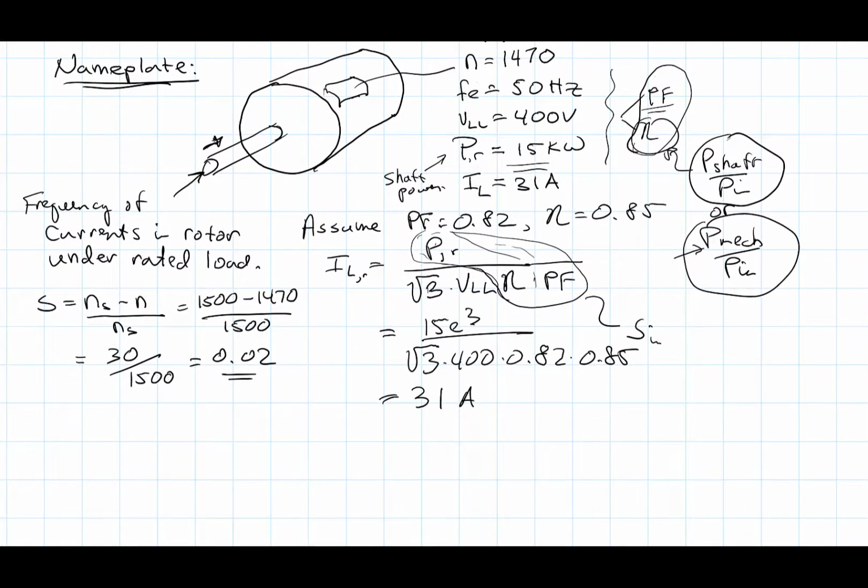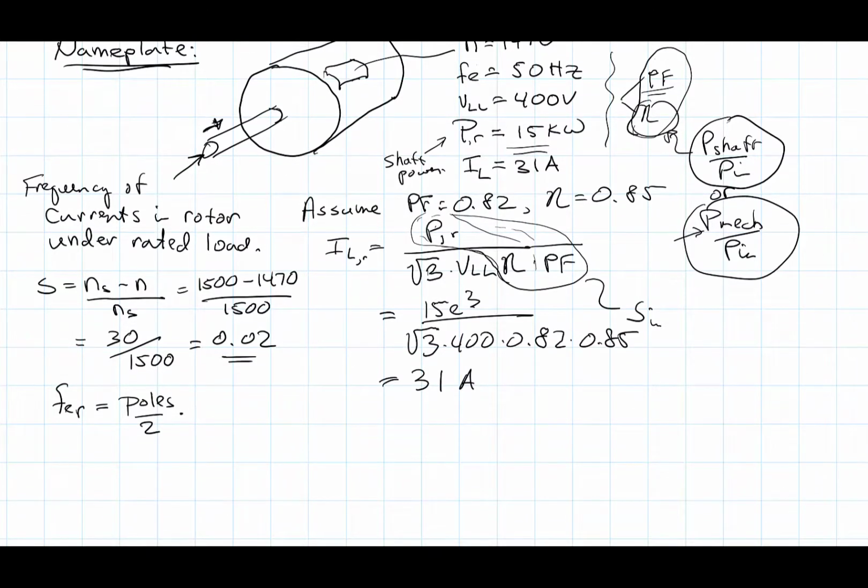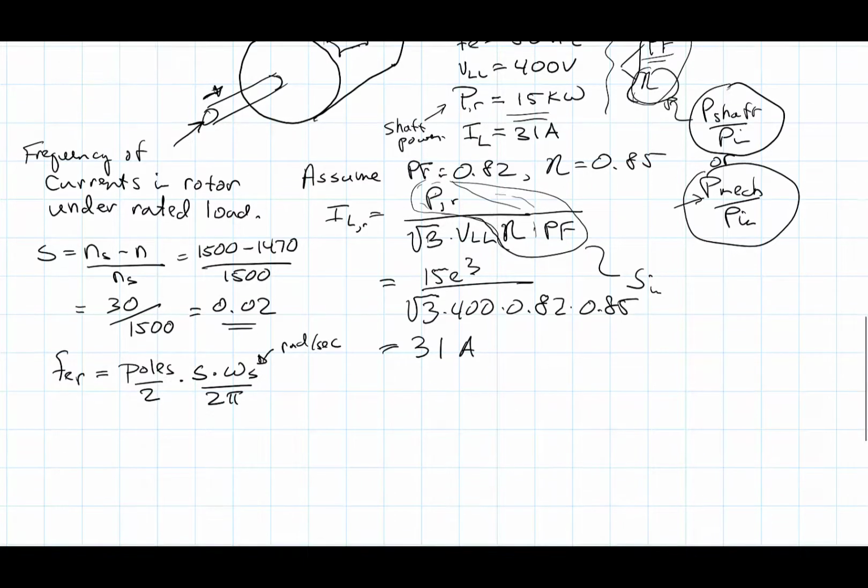So the rotor frequency, f_er, is going to be equal to poles divided by 2 times the slip frequency, or the slip speed. So that's s omega_s, in radians per second, divided by 2 pi, because we want to get a frequency.